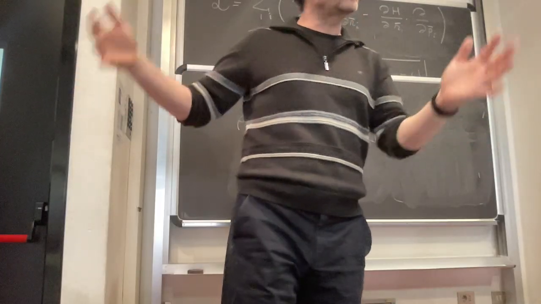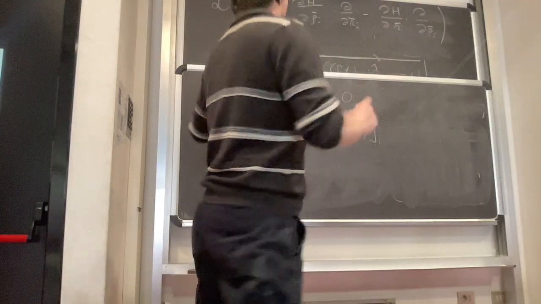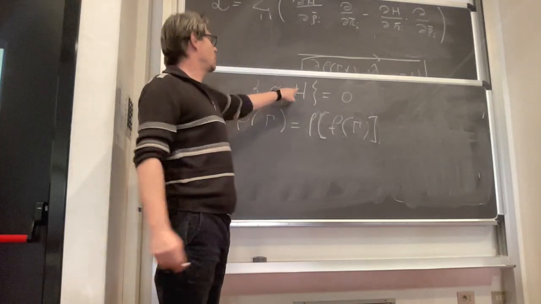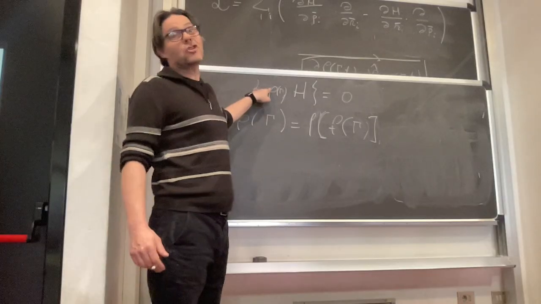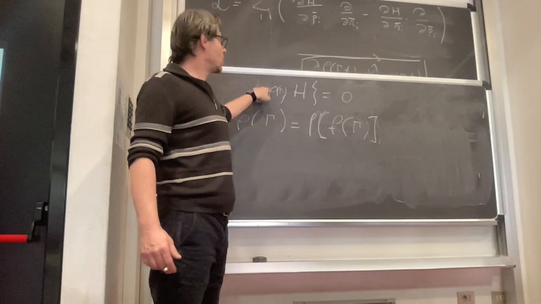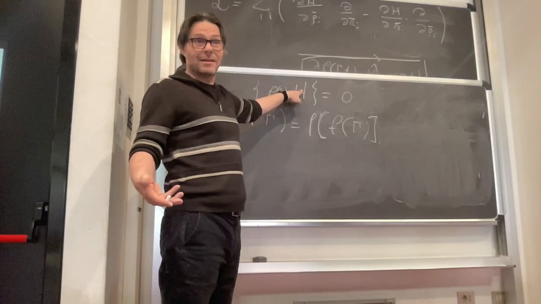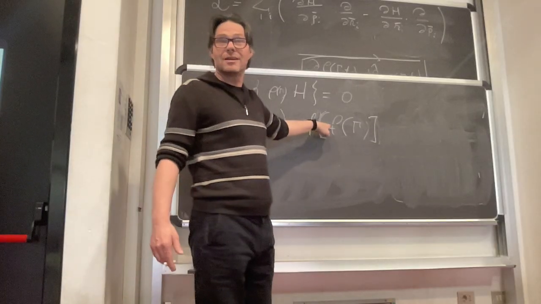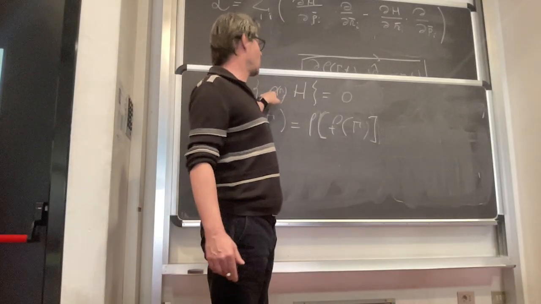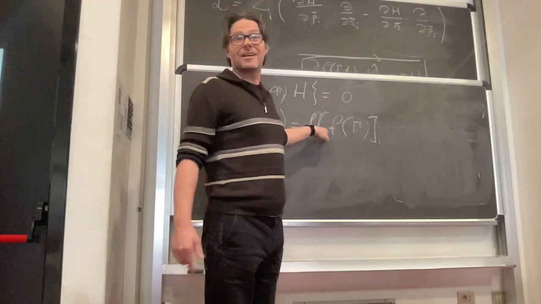That is, quantities that commute with H in the Poisson bracket sense. The commutation of any observable with any conserved quantity will not change in time, so it will commute with the Hamiltonian in the Poisson bracket sense. Right? Now, if rho depends on gamma through a conserved quantity, you're guaranteed that this function rho will commute with H, and so will be stationary.